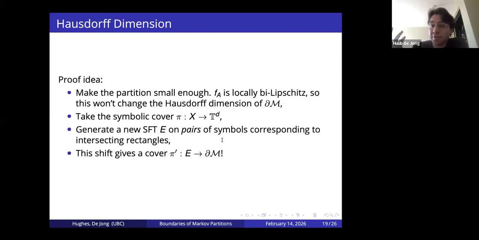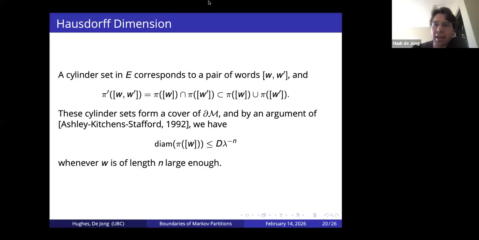Okay, so I have an SFT and it covers the boundary in a way that commutes with the dynamics. If I take a cylinder set in this SFT, it's a shift on pairs of symbols.